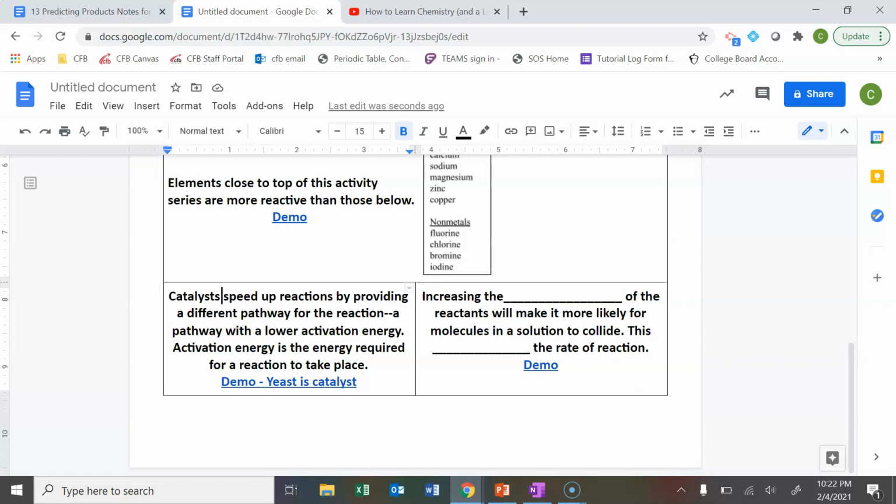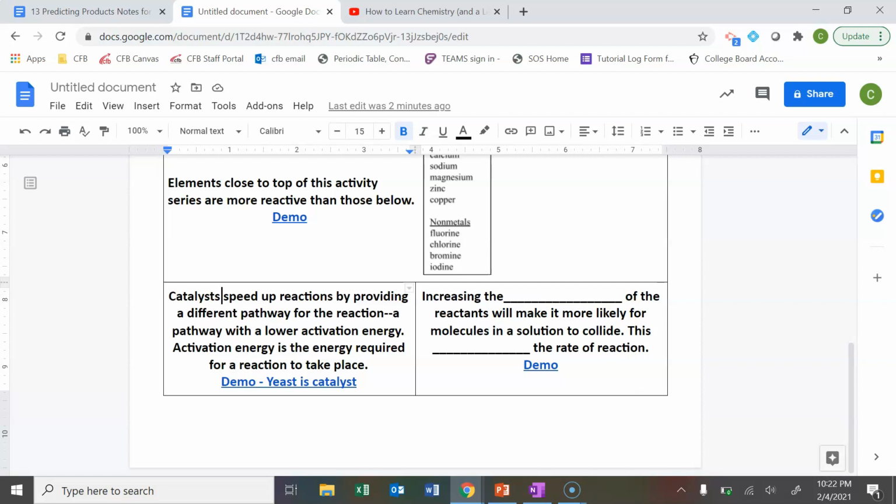And a catalyst is like a tunnel. It gives the reaction a different way to occur that takes less energy. For this year, it's okay for you to just think it lowers the activation energy. But if you take AP Chemistry, or when you get to college and you're taking a chemistry class, you probably need to know the difference. Anyways, here's a good demonstration of a catalyst reaction you could watch.